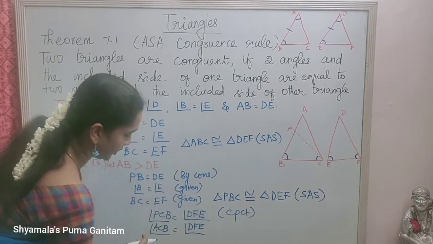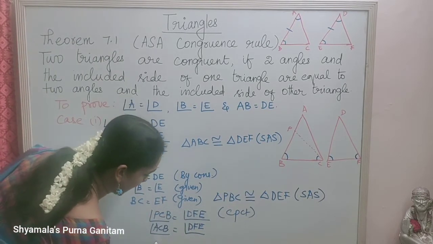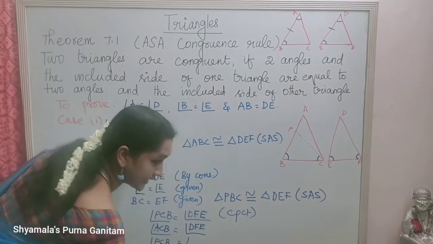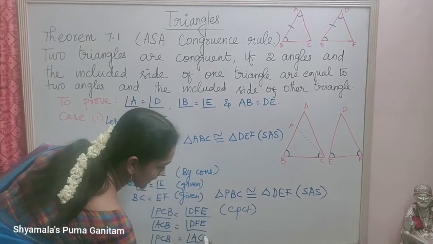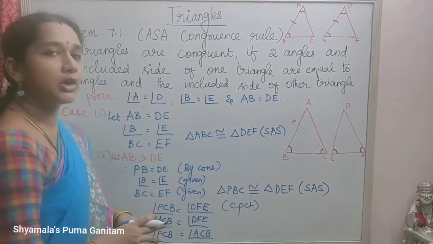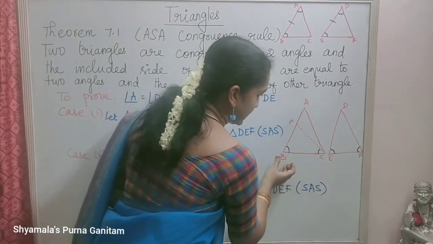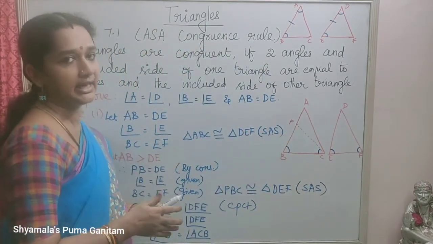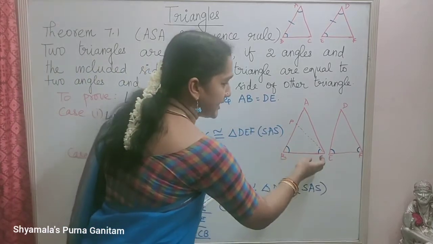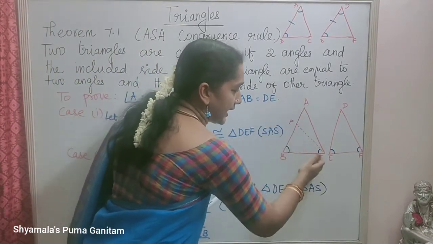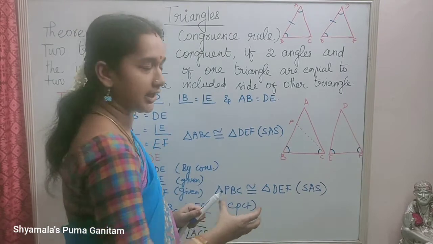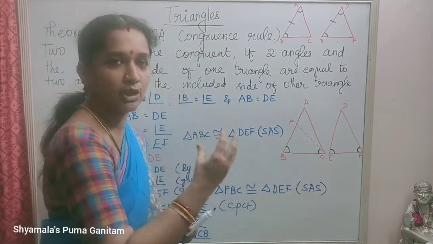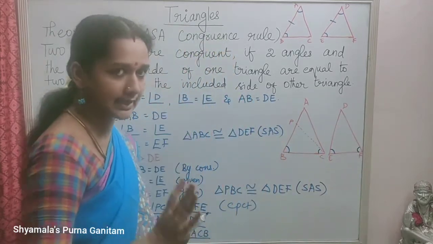When you equate, angle PCB is equal to angle ACB. What is the meaning? Angle ACB and angle PCB coincide with each other. So they don't have separate angles, both will coincide. So the measurement of the angles, both the angles will be the same.